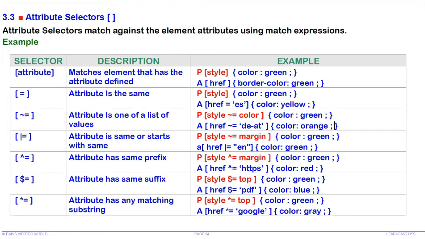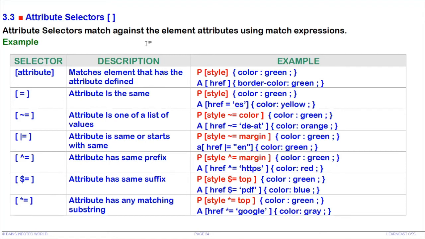Okay, moving on to the next section, attribute selectors. Now, an HTML element may have an attribute like href. For example, an anchor or a link has an href, which is a hyperlink reference. So we can select all the HTML elements containing the href attribute, and this is done using attribute selectors, which are square brackets.